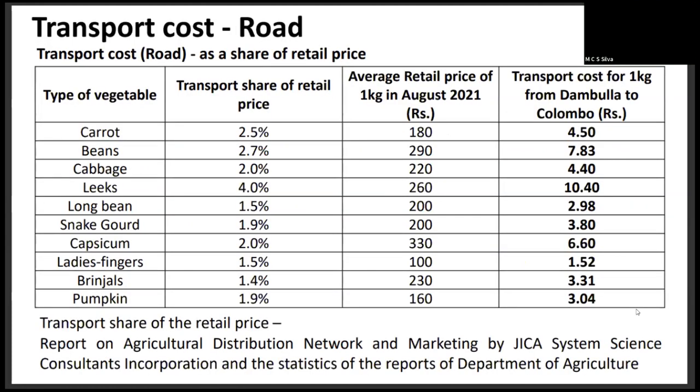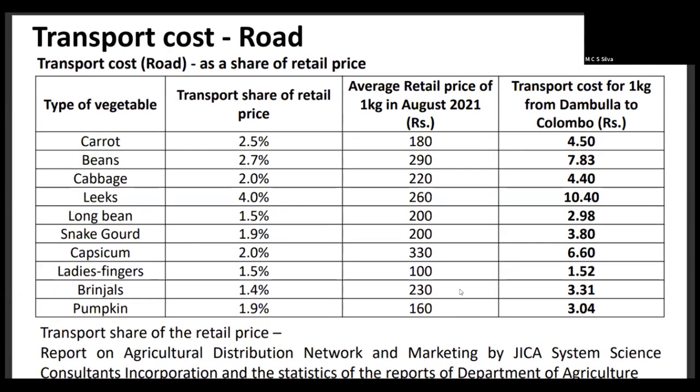So this is the road transportation price share for vegetable. As shown, the transport share of retail price for carrot is rupees 4 and 50 cents. These are taken from the report of Agriculture Network and Marketing by JICA and the statistics of the report of Department of Agriculture.